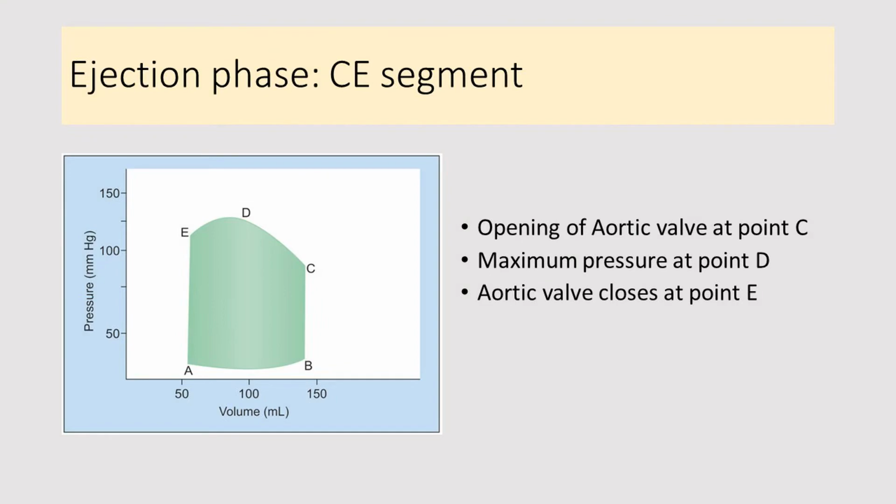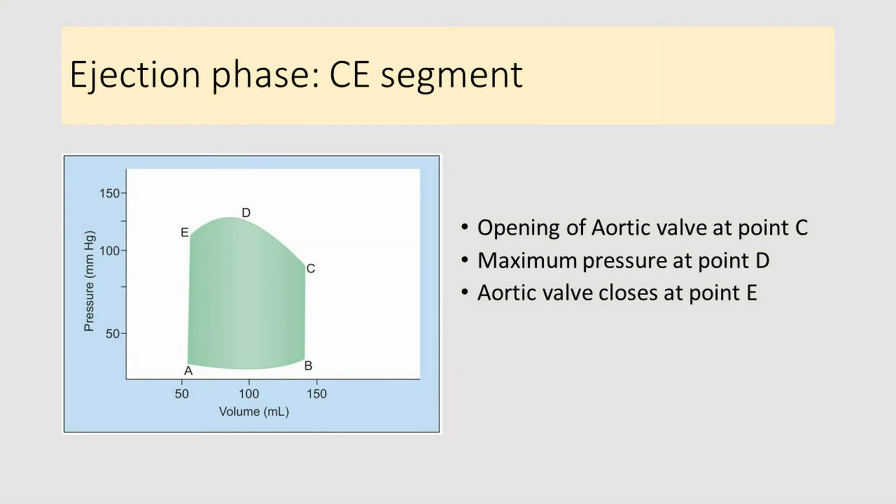This CE phase is further divided into two phases, CD phase and DE phase. The CD phase is the rapid ejection phase, and point D shows the maximum pressure observed inside the ventricle during the rapid ejection phase.